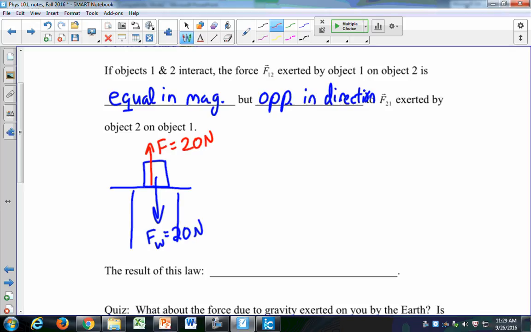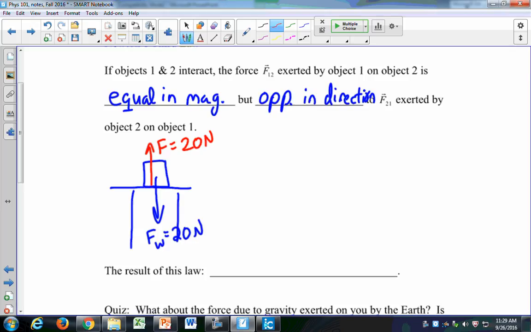If I push on the board with a certain force, the board pushes back on me. If Nelson Zamora slugs me in the face, then my face will push back onto his fist, or vice versa for me. Anytime you have a contact force, I will have a force that's equal in magnitude but opposite in direction.